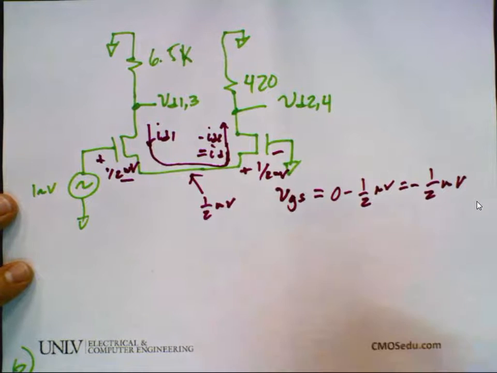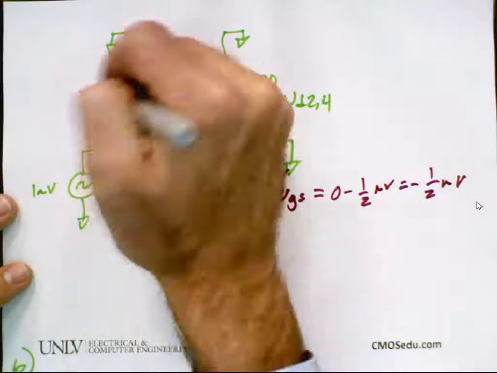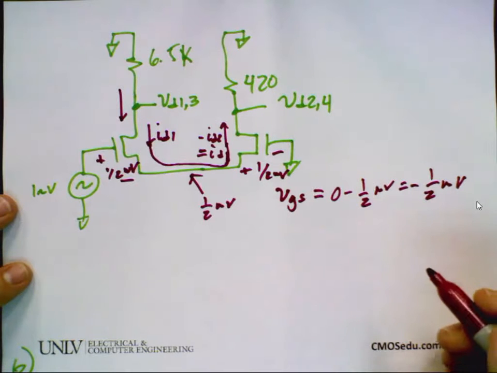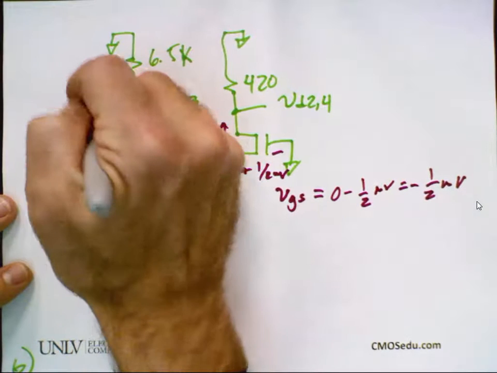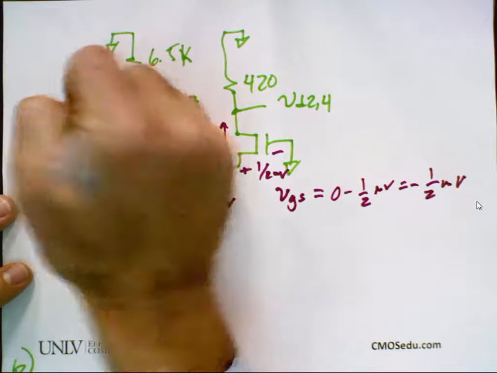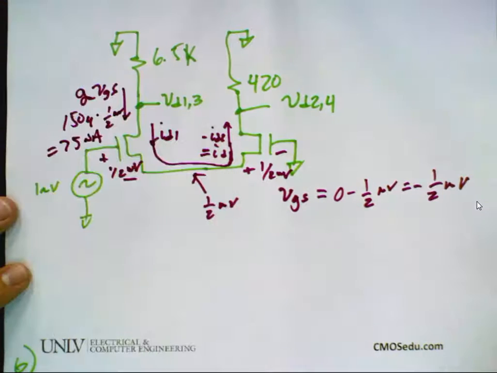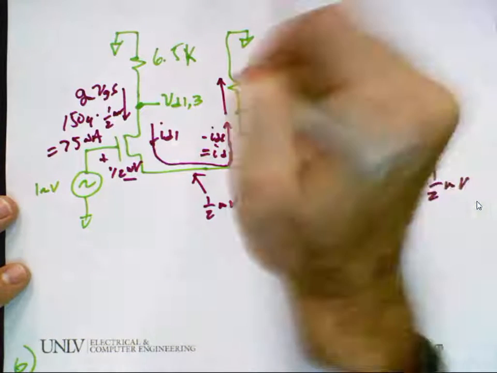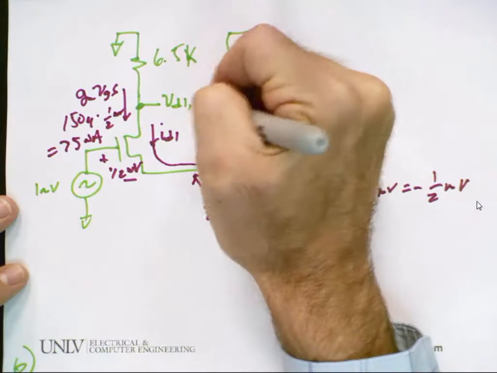Then I go back and ask, what is the current that flows here? GM times VGS, 150 micro times 1/2 millivolt, which equals 75 nanoamps. Looking good? What's the current that flows here? 75 nanoamps.